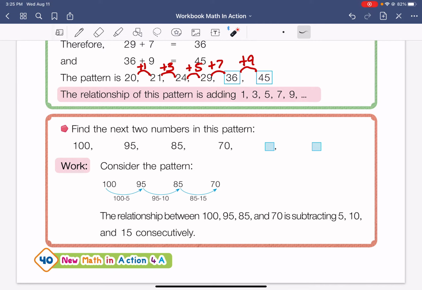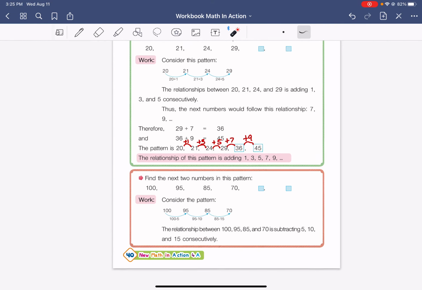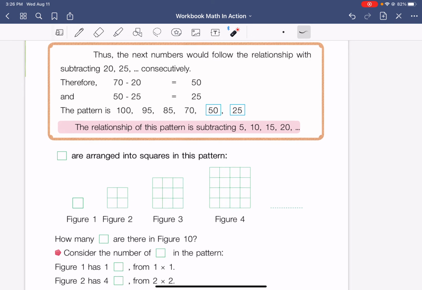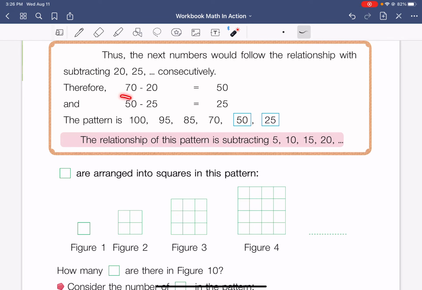So the next two should be 70 minus 20. 70 minus 20 equals 50. 50 minus 25 is 25. So first we're going to do minus 5, minus 10, minus 15, minus 20, minus 25.